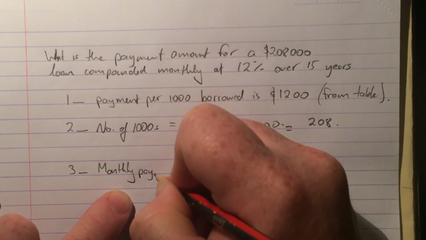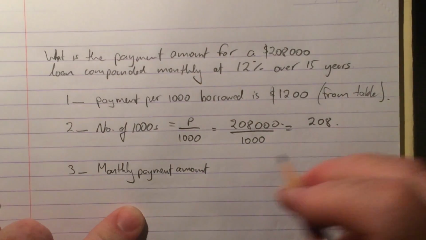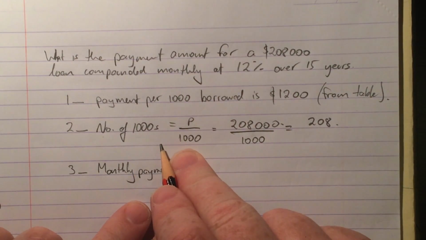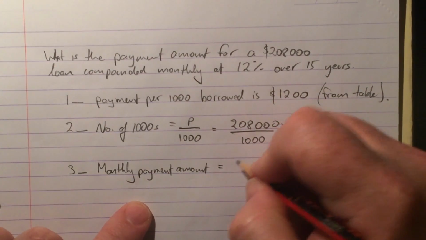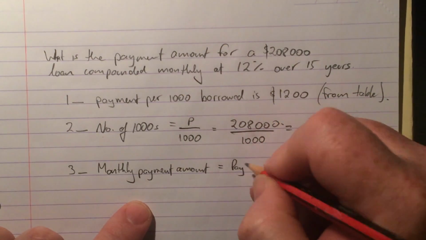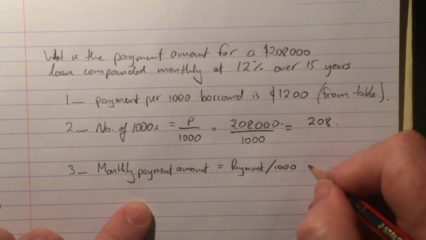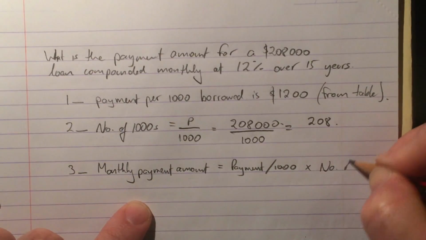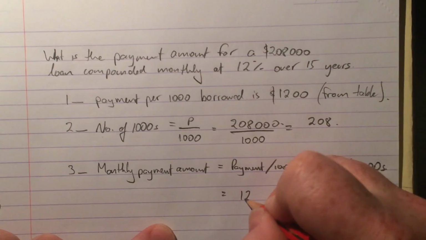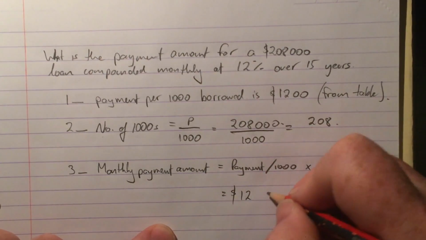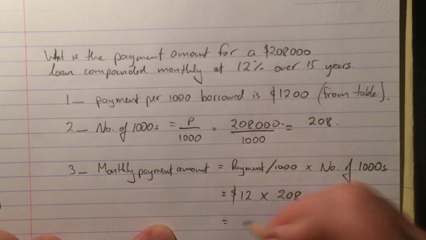So the third step is to calculate the payment amount, and this is a monthly payment amount. That will be the number of thousands times the payment per thousand, which is $12 times 208.